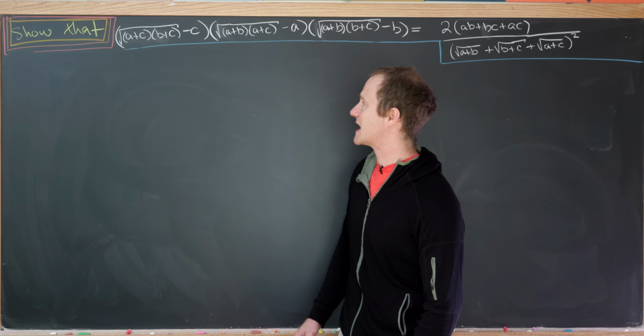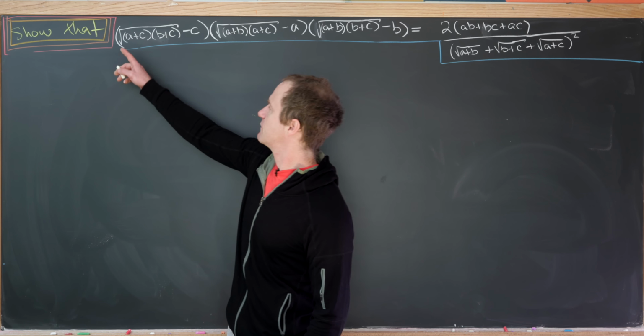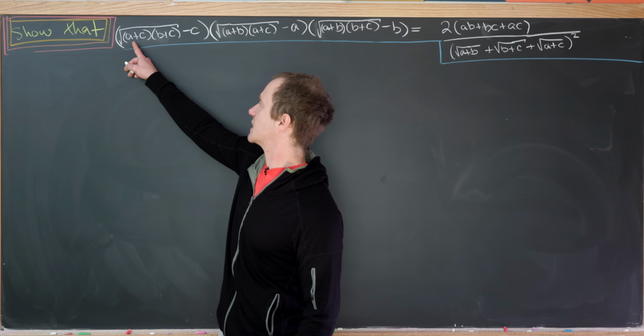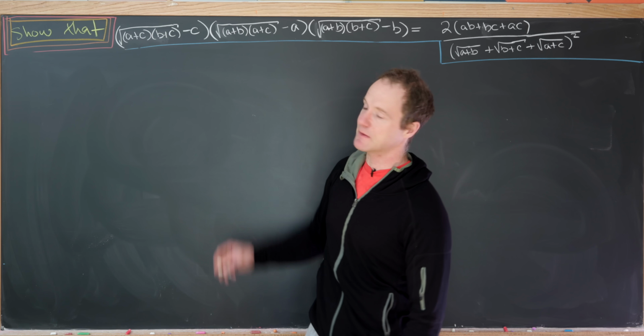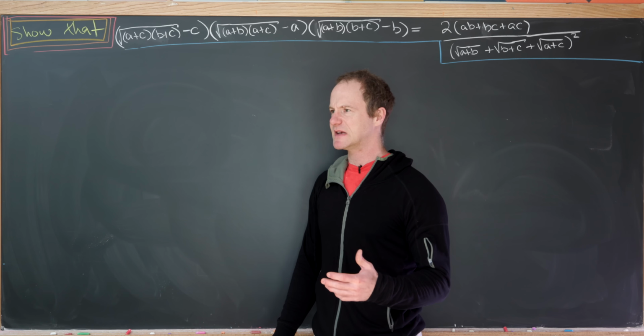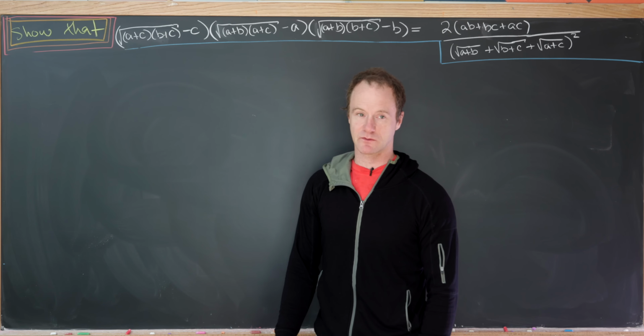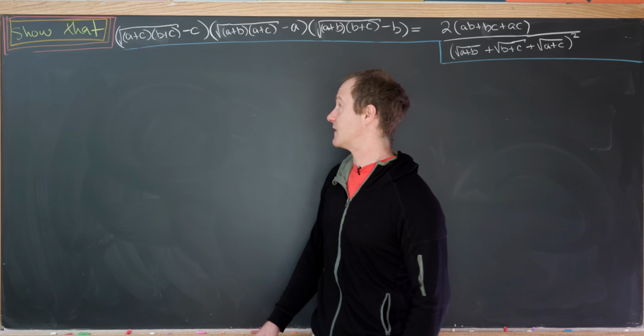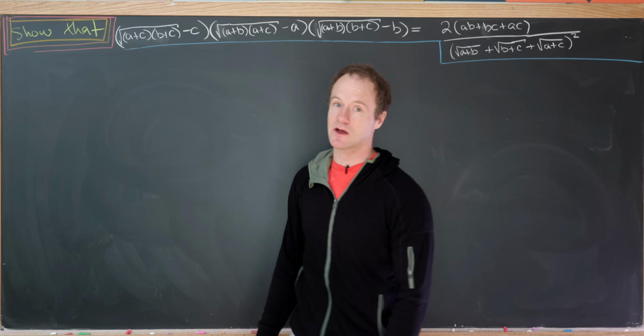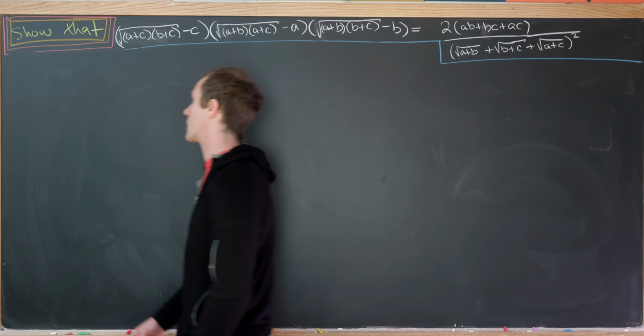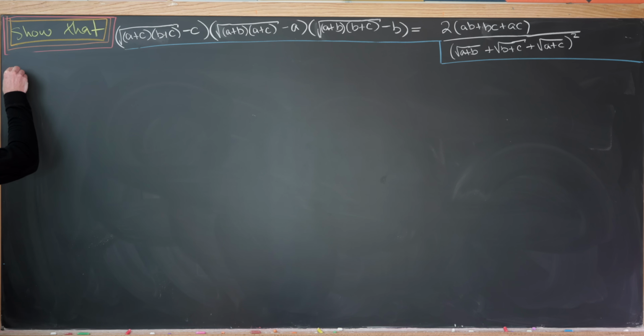Okay, so now let's get into our identity. So notice we've got this kind of stuff under square roots: a plus c, b plus c, and a plus b. So it makes sense to try to get rid of those square roots. So maybe we'll do a change of variables where we set each of these sums equal to a perfect square. And that's exactly how we'll start here.